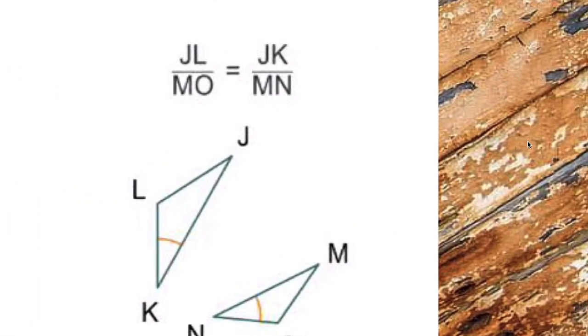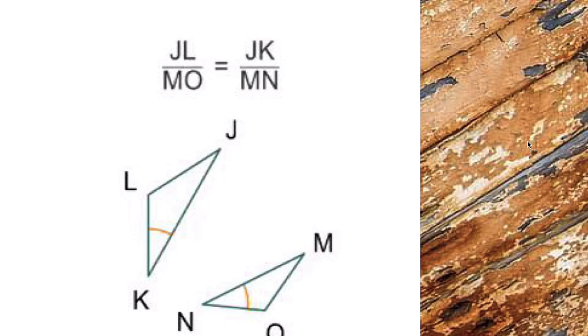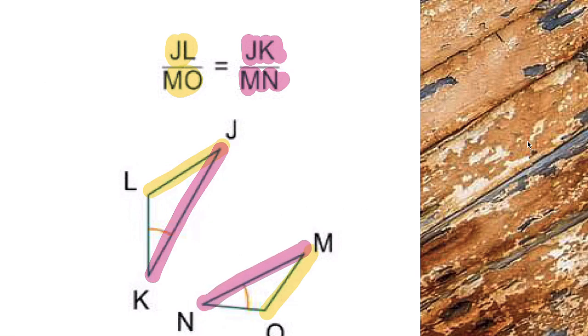If I look over here at the second question on this page, I'm going to use highlighting for this one. So JL, here's JL, MO, and then we have JK and MN. Notice how those 2 corresponding side pairs would surround the angle at J and the angle at M. So for this to work out, I would have to know that angle J and angle M are congruent to each other.